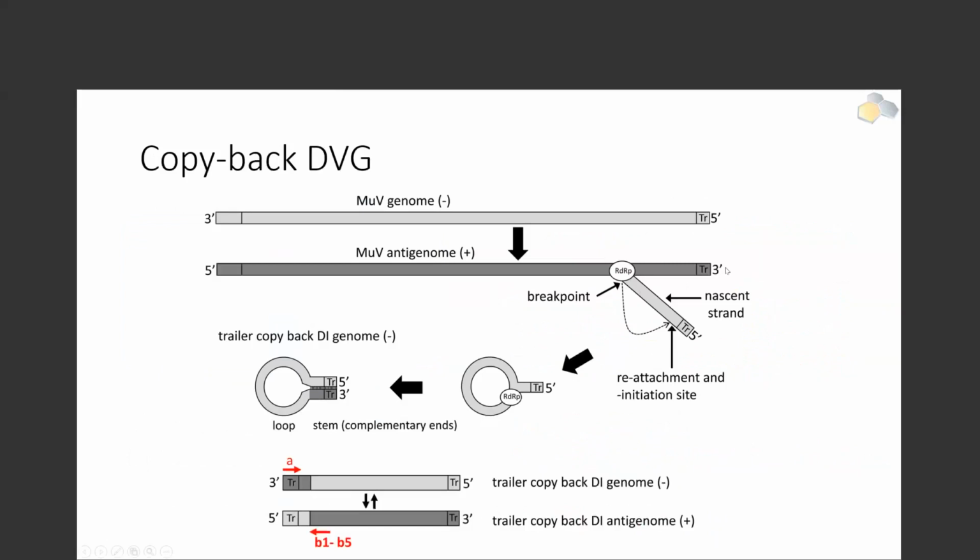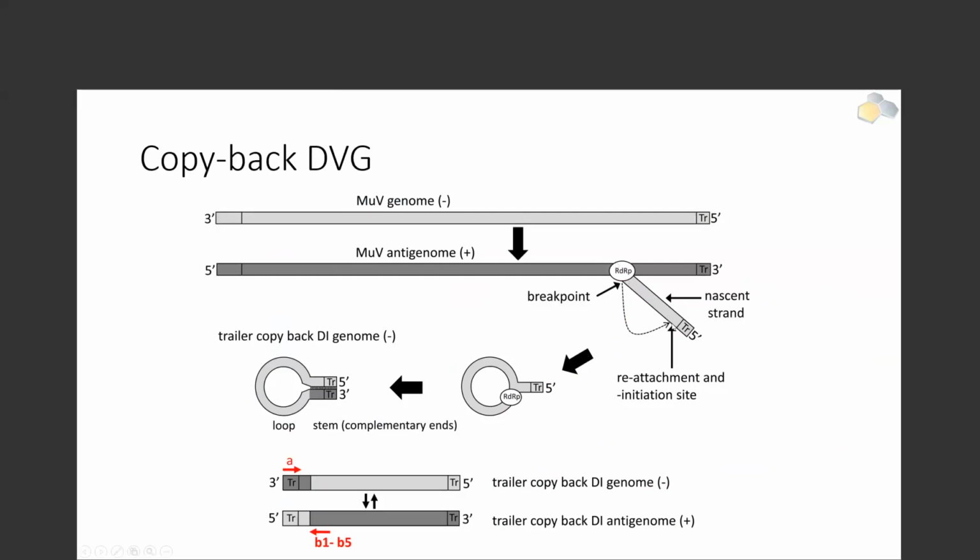So this is a typical copyback DVG, and I will soon explain the simple difference between it and snapback. You can see that it happens when the RdRp, the RNA polymerase, jumps for some reason from one point of the genome, or the antigenome in this case, and then instead of continuing at a later point of the antigenome or somewhere else in the same template, it actually jumps back to the template that it's creating itself, and then continues towards the end of it, since now we're in reverse direction, right?